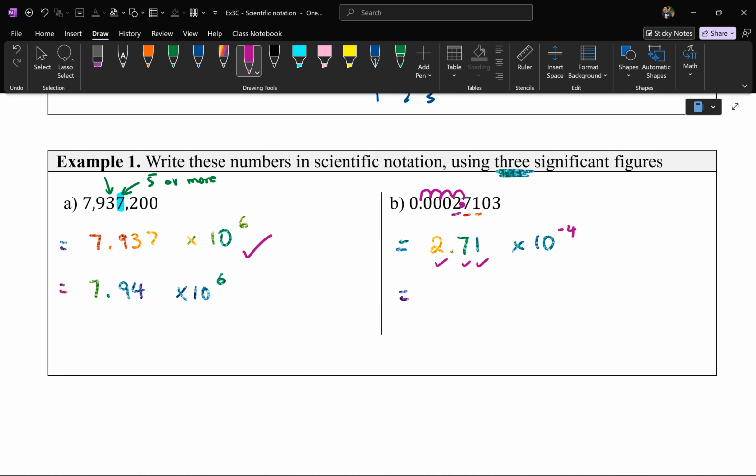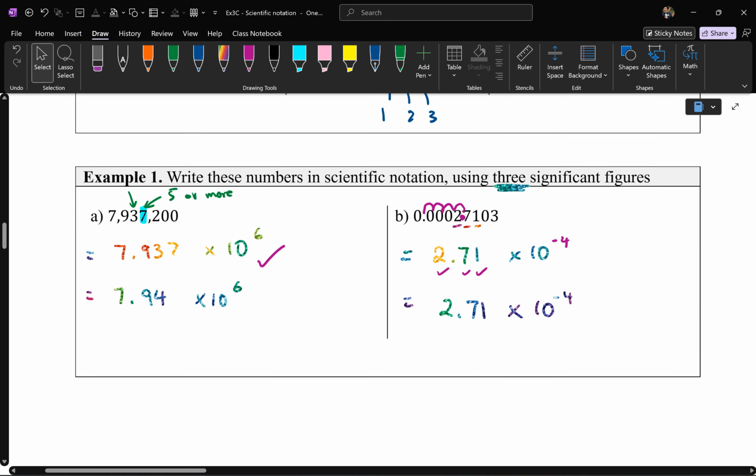It should be negative 4. So your final answer should be 2.71 times 10 to the power of negative 4, because I'm moving backwards from 2.71. How do I go all the way back to 0.000271103? It's negative 4 jumps.